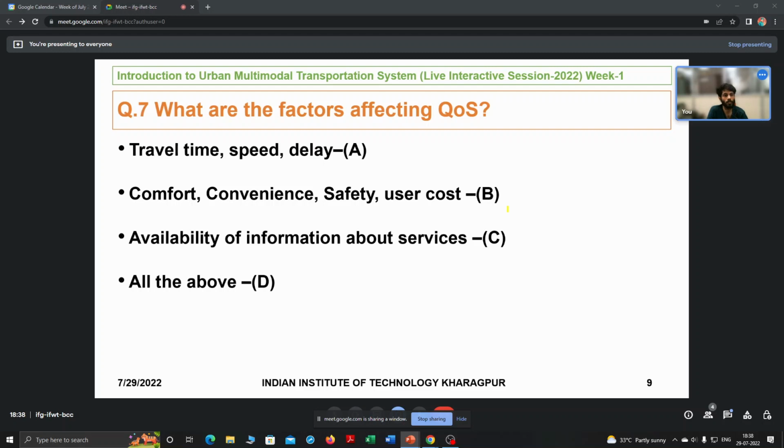They have one card that you can use for any public transport mode, whether it is bus, metro, or light rail transit, so you can use the same card. It is very convenient from the user's point of view, right? So this is the difference between comfort and convenience, and both affect the quality of service since it is the experience of the traveler.